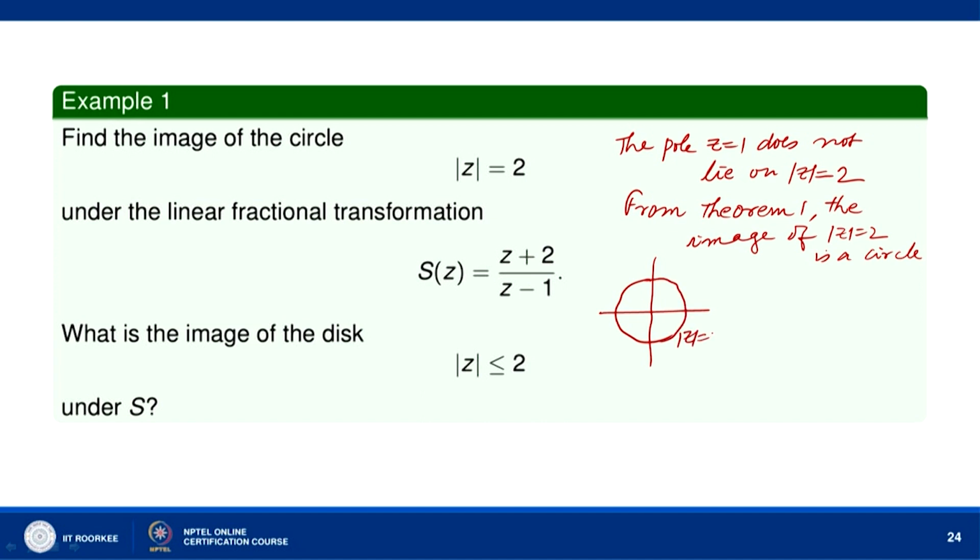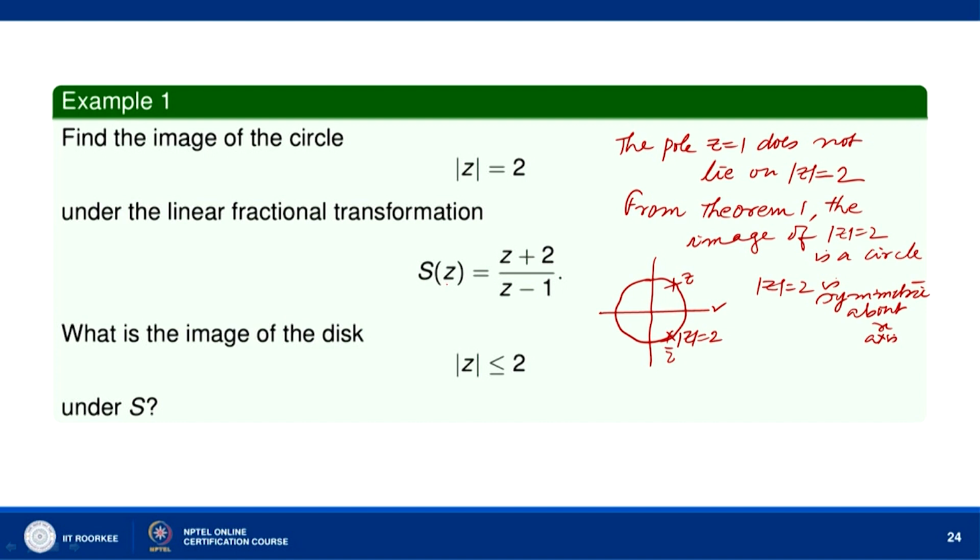We can see that it is symmetric about the real axis, and also about the imaginary axis. So, |z| = 2 is symmetric about the x axis. This means that if z is a point on the circle, then z conjugate is also a point on the circle |z| = 2.